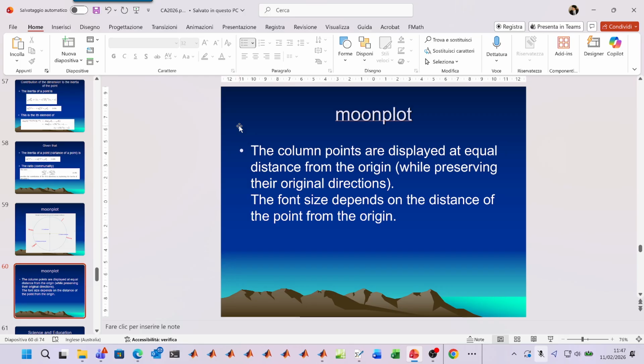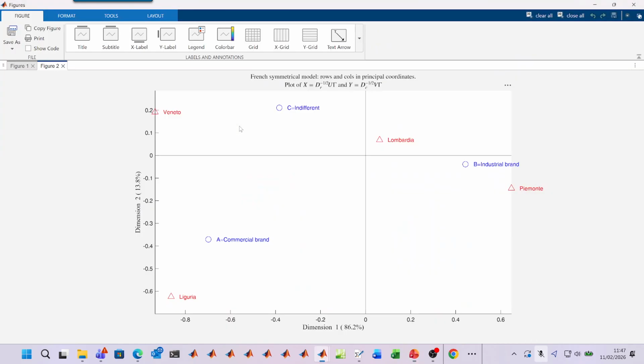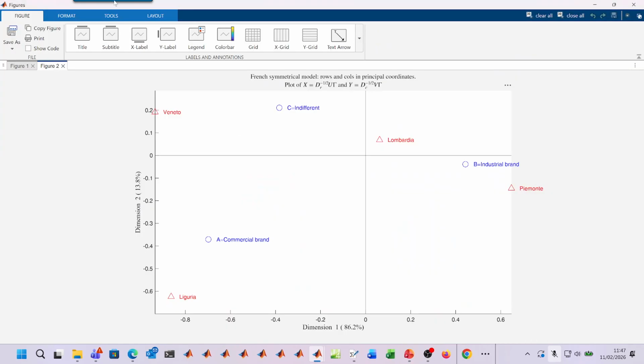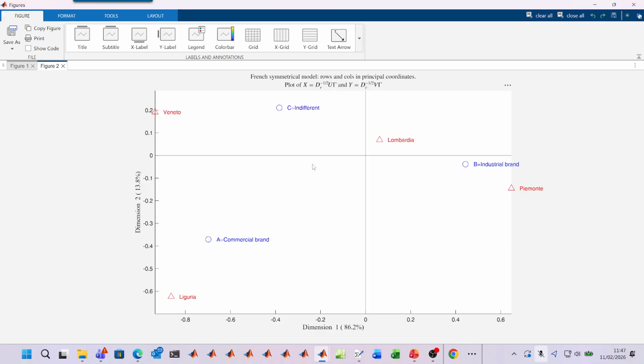Given that what is important here is the angle between, for example, B and Piemonte, the angle between commercial brand and Liguria, because if you draw two arrows from the origin, what is important is the angle.